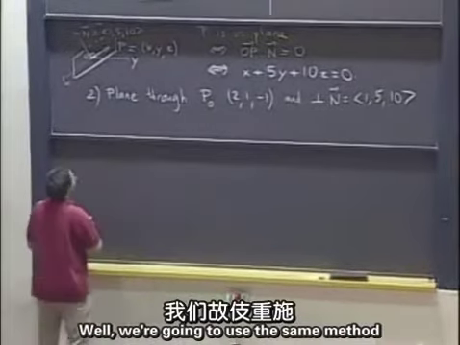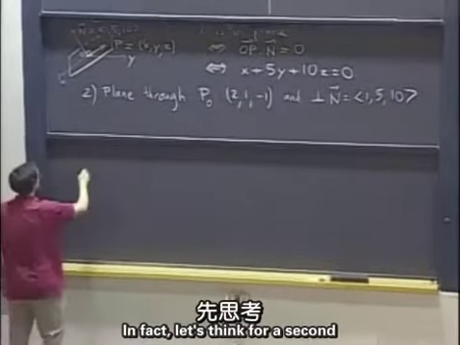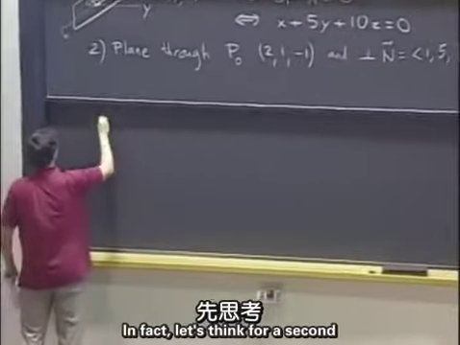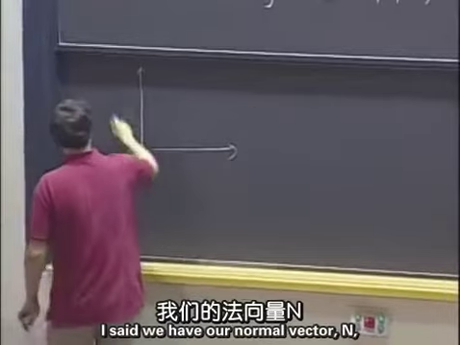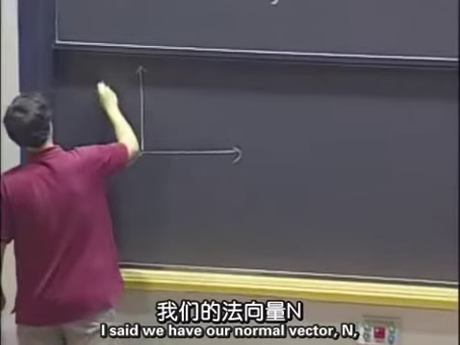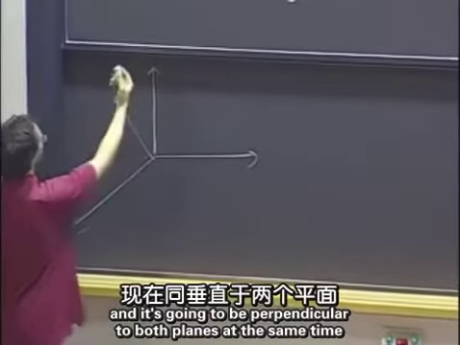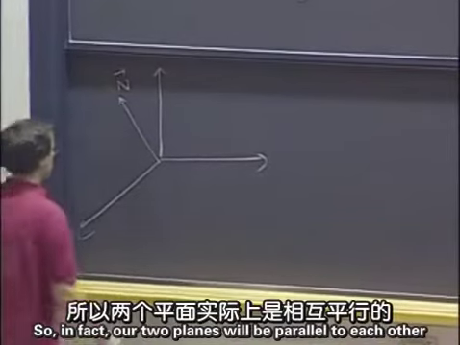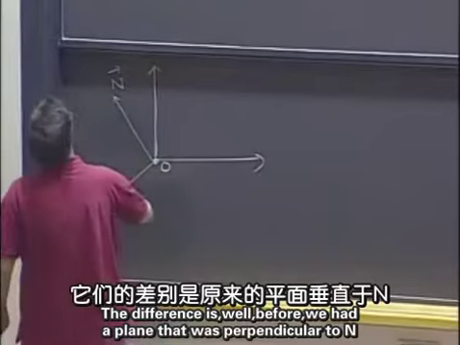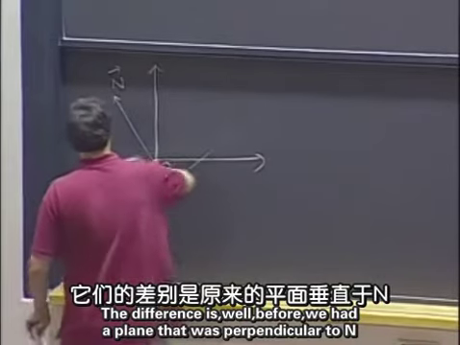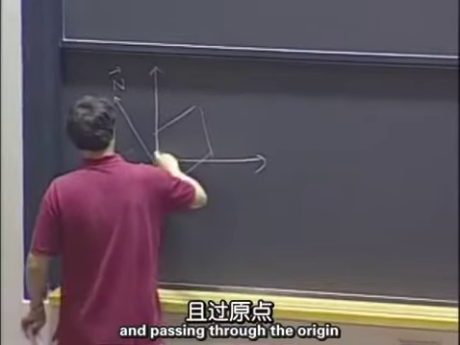Well, we are going to use the same method. In fact, let's think first for a second. So I said we have our normal vector n, and it's going to be perpendicular to both planes at the same time. So in fact, our two planes will be parallel to each other. The difference is, well, before we had a plane that was perpendicular to n and passing through the origin.